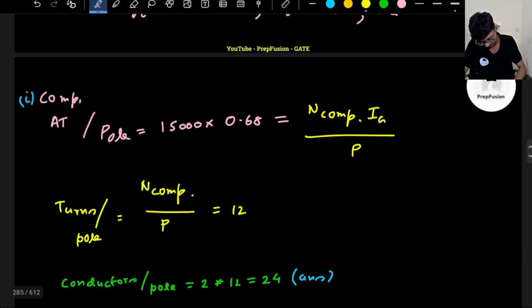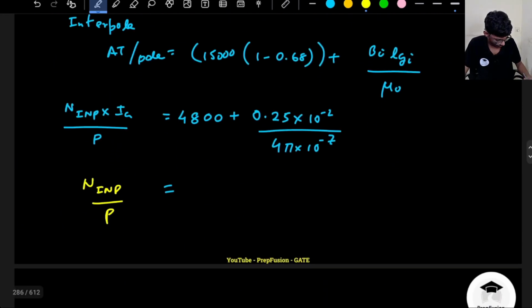What is the armature current? 850 is the armature current. So this will be 7.98, so roughly around 8.